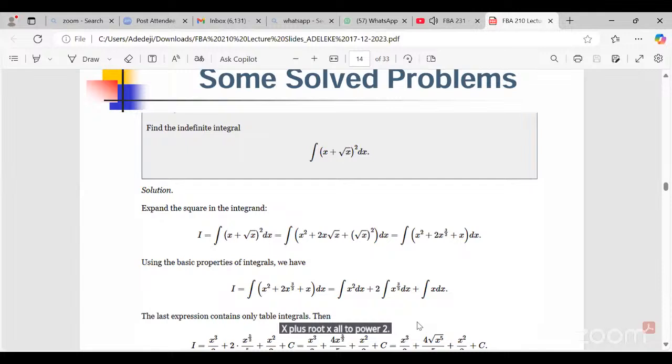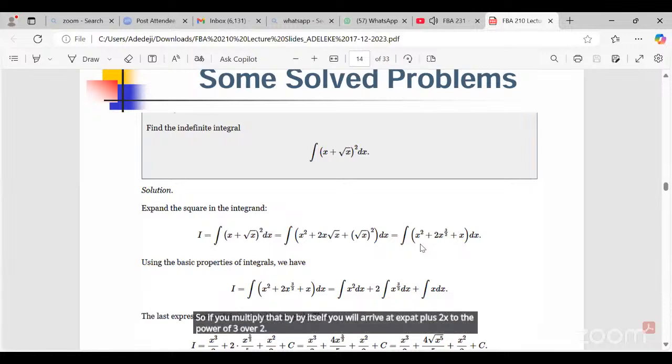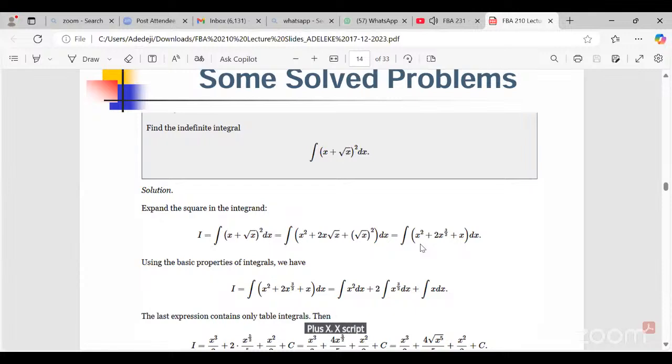This requires expansion because x plus root x to the power of 2 is the same as x plus root x times x plus root x. If you multiply that by itself, you will arrive at x squared plus 2x to the power of 3 over 2 plus x. That's what we arrive at.